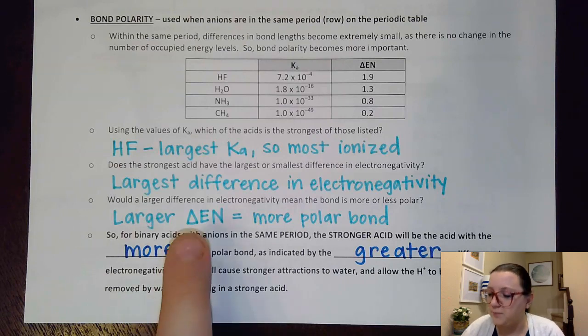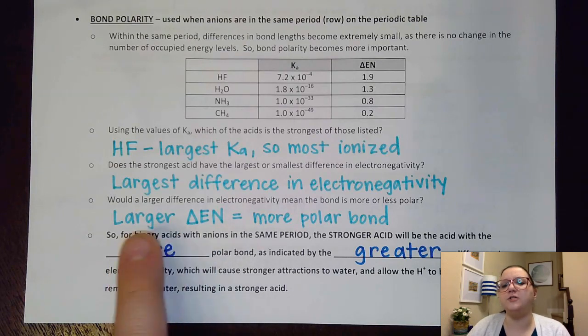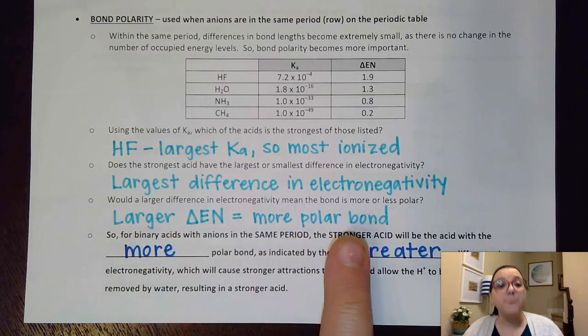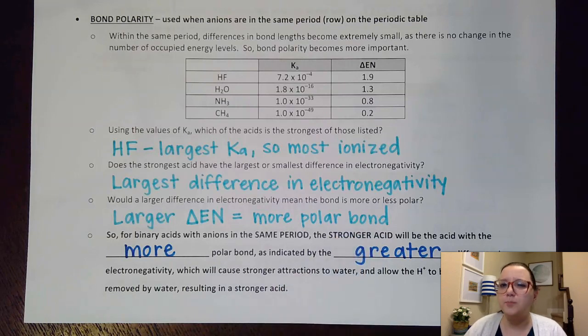So here's what happens. When I have a larger difference in electronegativity, that indicates a more polar bond. And if I have a more polar bond, then I'm going to get a lot more attraction occurring to other molecules, including, most importantly, water.